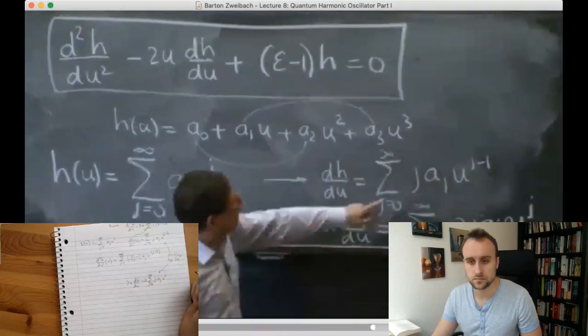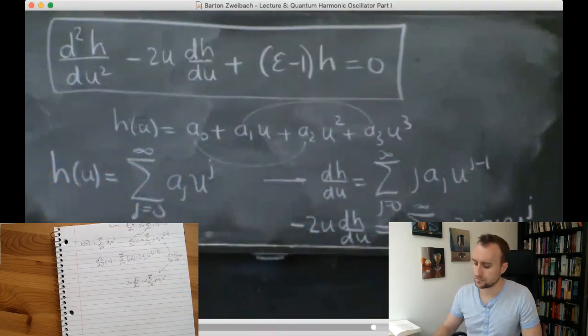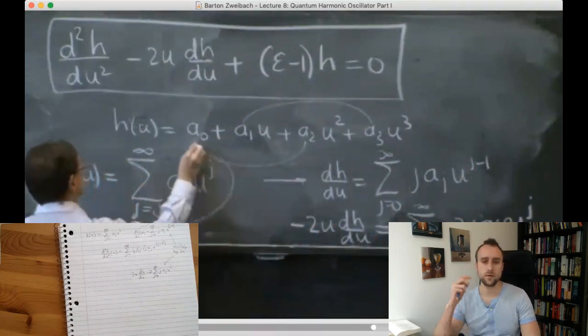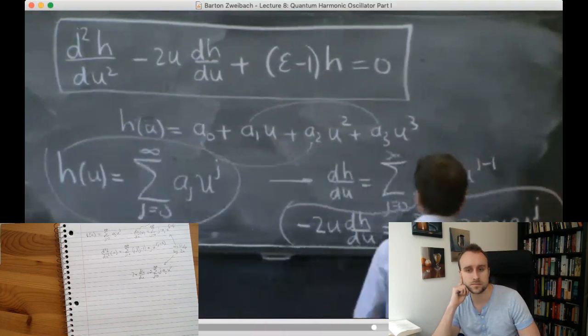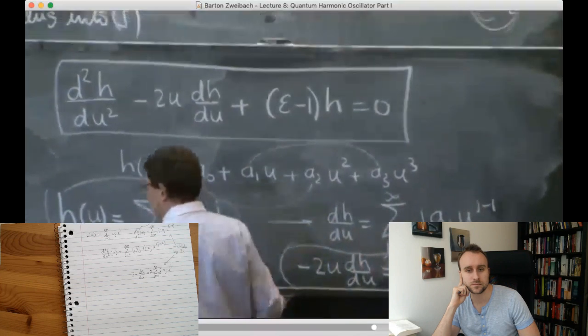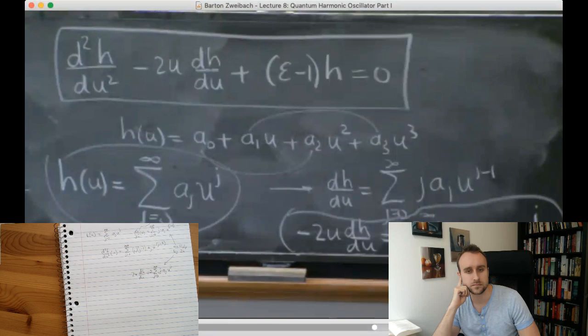The U makes this j minus 1 into j, and the constant went there. So here is so far H. Here is this other term that we're going to need for the differential equation. And then there's the last term that we're going to need for the differential equation.